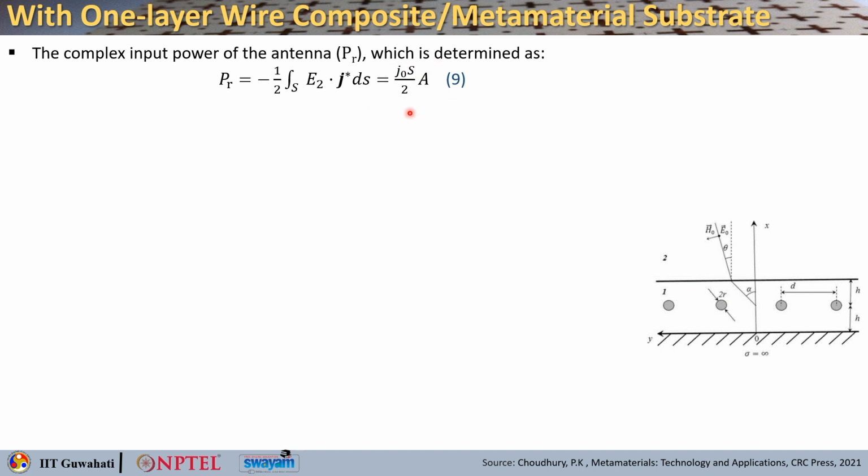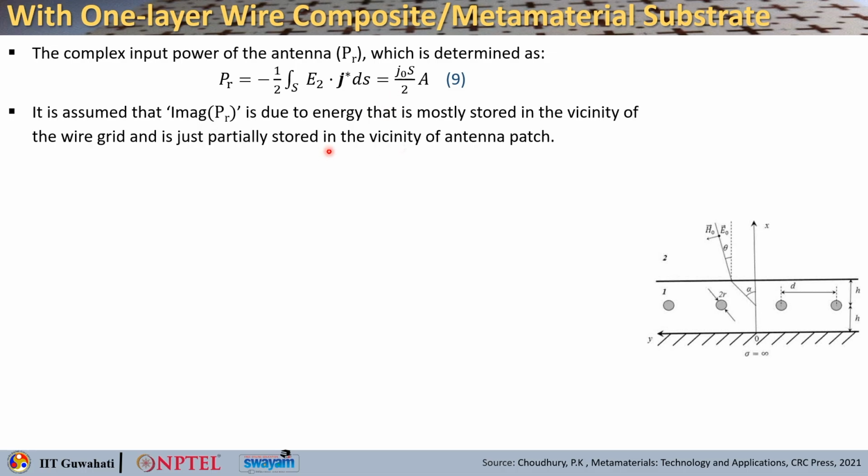So, if you work it out, it can be written as J naught S by 2 A. Now, if you compare this, A is nothing but minus 1 by J naught S surface integral of E2 times J conjugate, okay. So, A is basically the normalized coupling coefficient between the incident electric field E2 and the complex conjugate of the current distribution J, where J conjugate is calculated over the surface of the patch S.